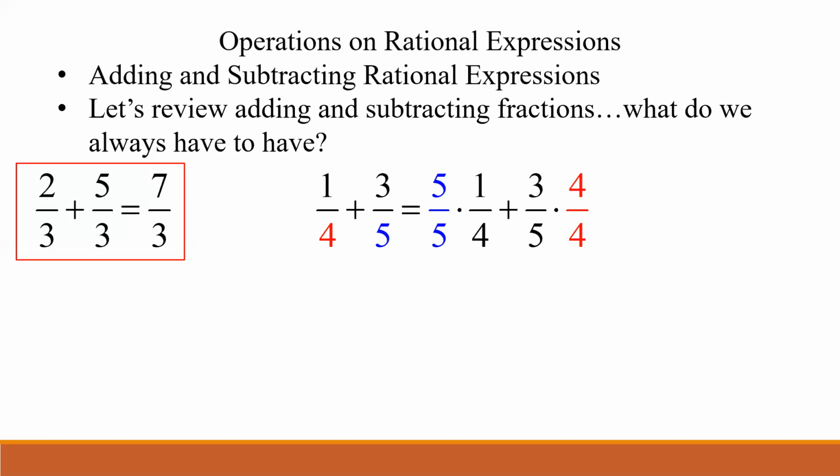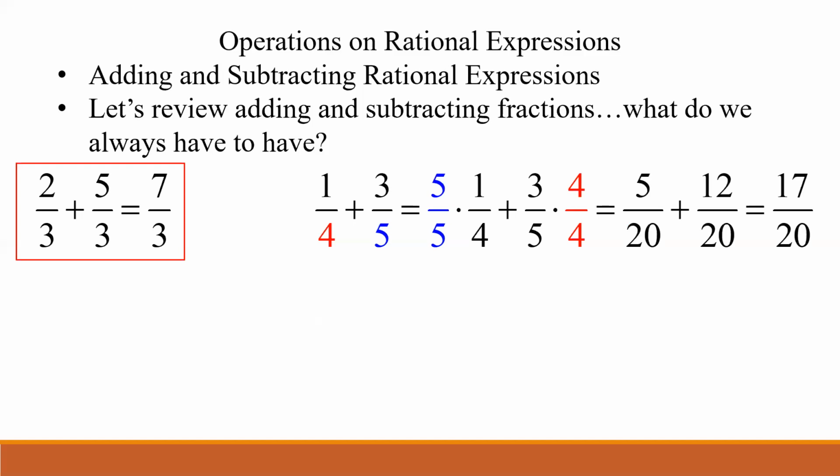So we're not changing the quantities, we're just changing how they look. Then when we combine those fractions, the first one becomes 5 over 20, multiplying straight across, and the second one becomes 12 over 20. Now that we have the common denominator, we can just add across the top, so 17 over 20, and that's your final answer. Of course, if that answer could have been simplified, you should do that, but in this case, that's all we can do with that.